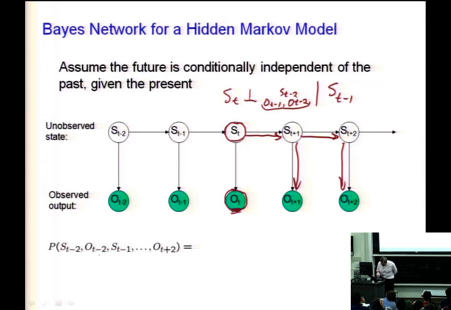And so what's the factorization here of the joint distribution over these variables? Let's start with the one that has no parents. That's always the easy place to start.